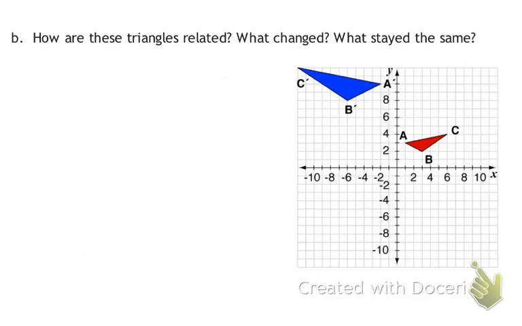Do angles stay the same and do line segments stay the same, or do they change? So here are some questions I want you to answer when it says how are these triangles related, what changed, and what stayed the same. So think about things like line segments, angles, similarity, maybe dilation, shrinking, enlarging. So put that on there.